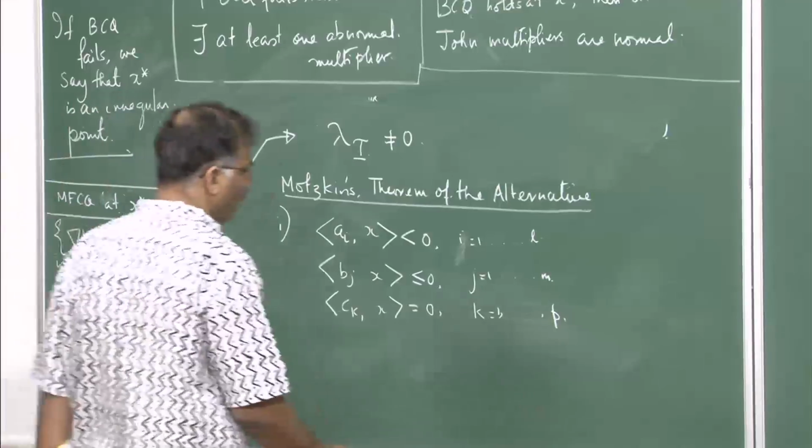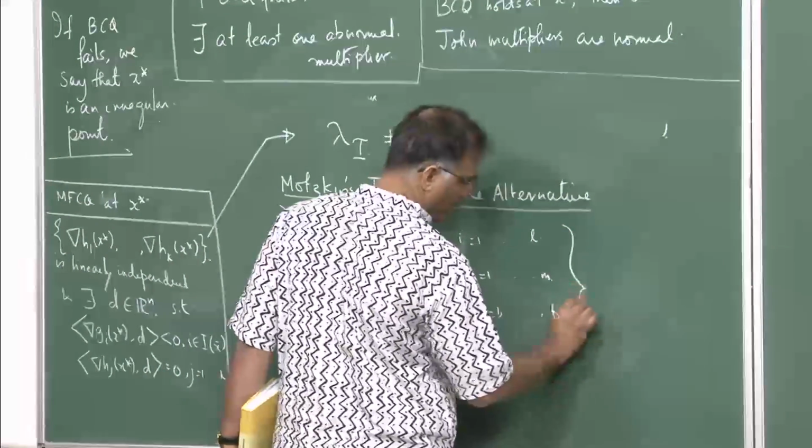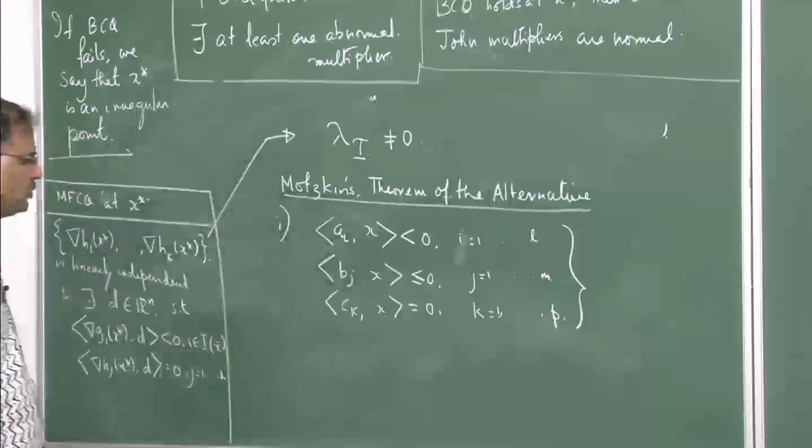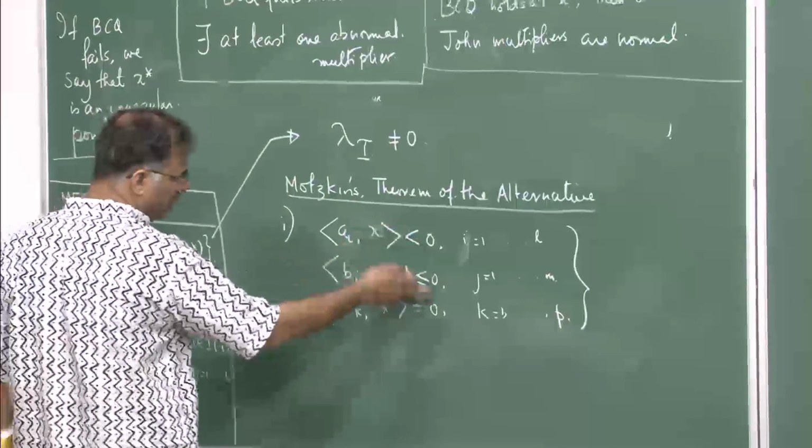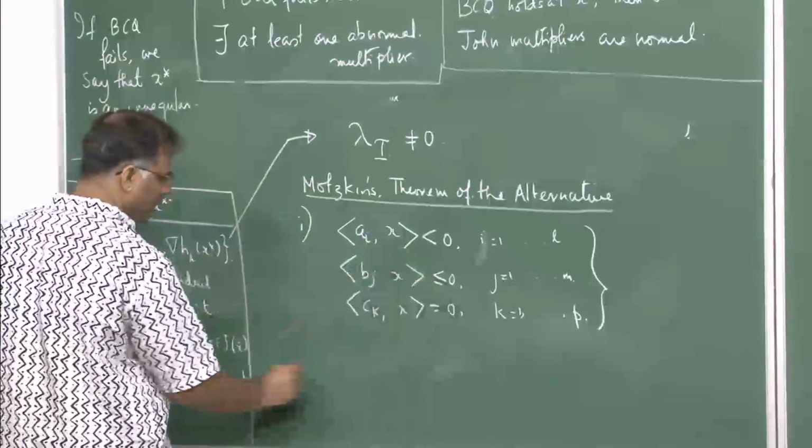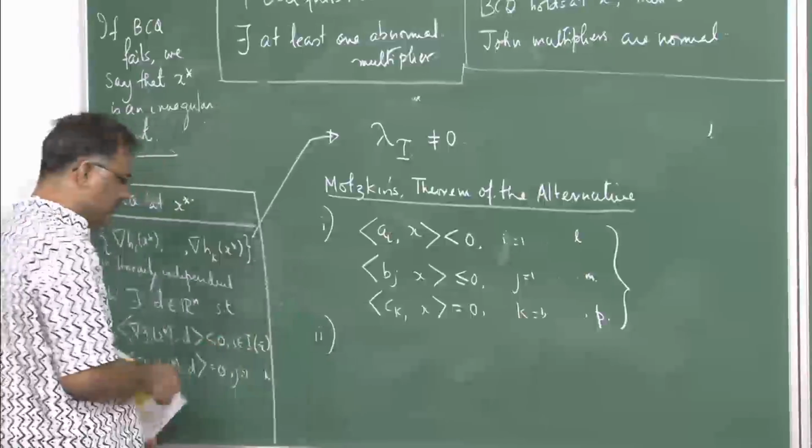Now, this is one system. So, there is a combination of strict inequalities, less than equal to type, and equality, and the second system is this.